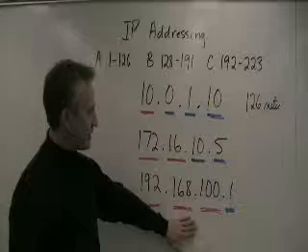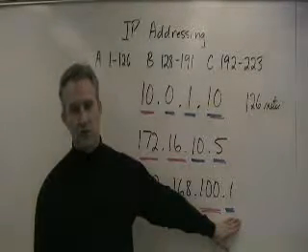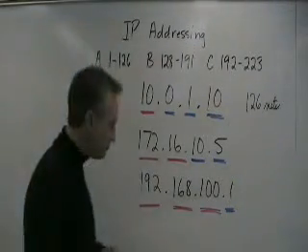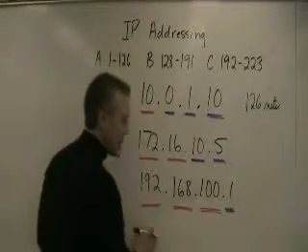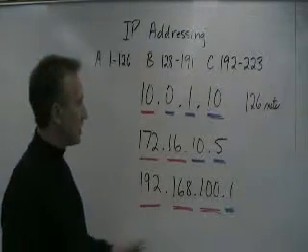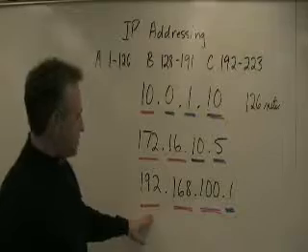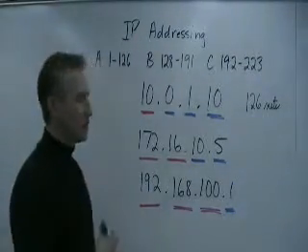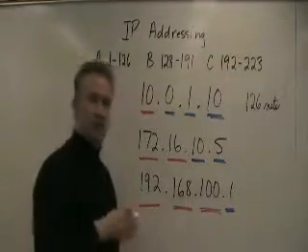And then when I get to the Class C addresses, I only have 1 octet left for host addresses, and I can only have 256 possible IPs here for each network. But I have a lot of possible networks. Here I have 32 times 256 times 256 networks, a large number of networks, but not many hosts within each one.